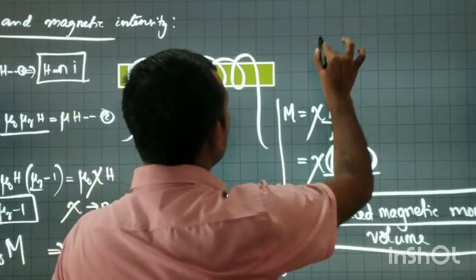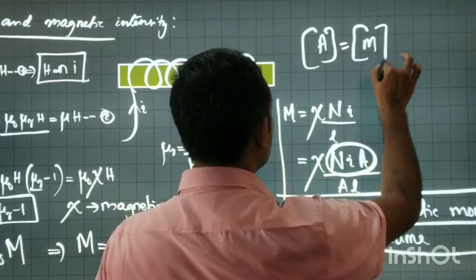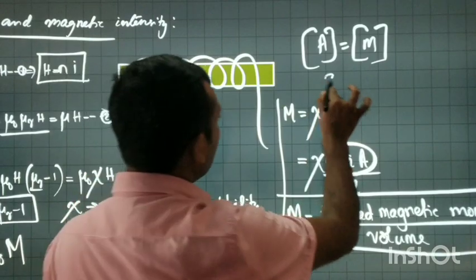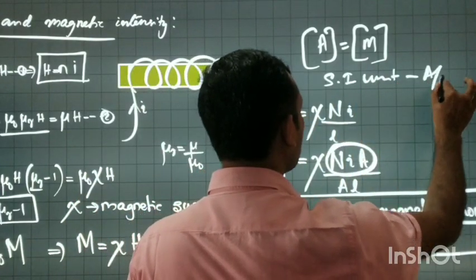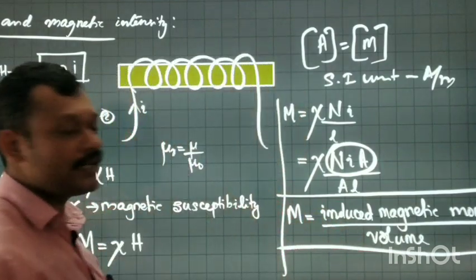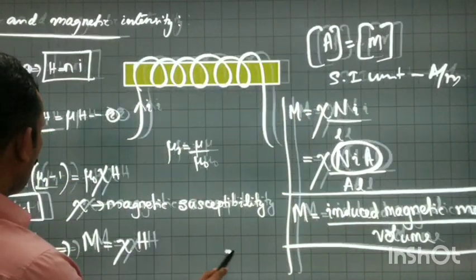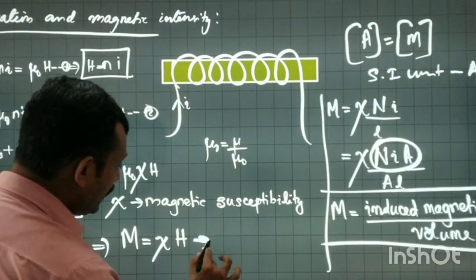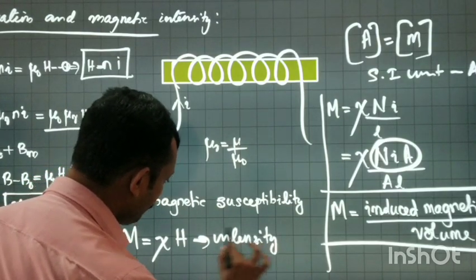And let me tell you, H and M have the same dimensions, and their SI unit is ampere per meter for both of them. So what is M called?